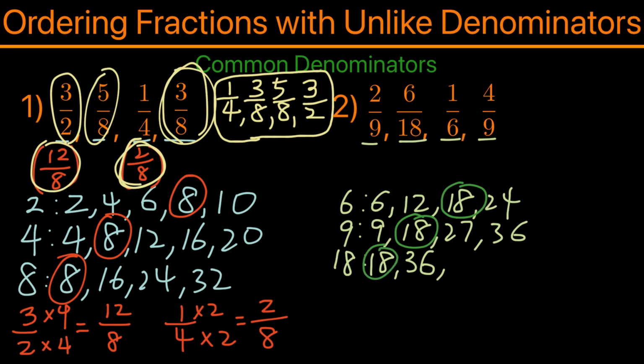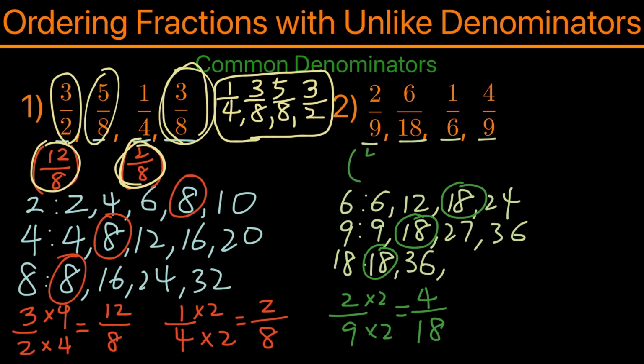So now we're going to convert everything to fractions with a denominator of 18. So for the first one, 2 over 9, converting to 18 as denominator, we need to times that by 2 and the numerator by 2. And our answer is 4 over 18.